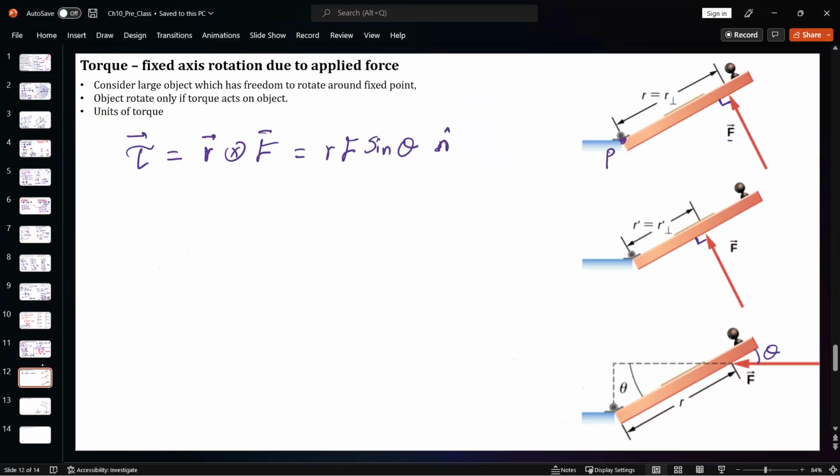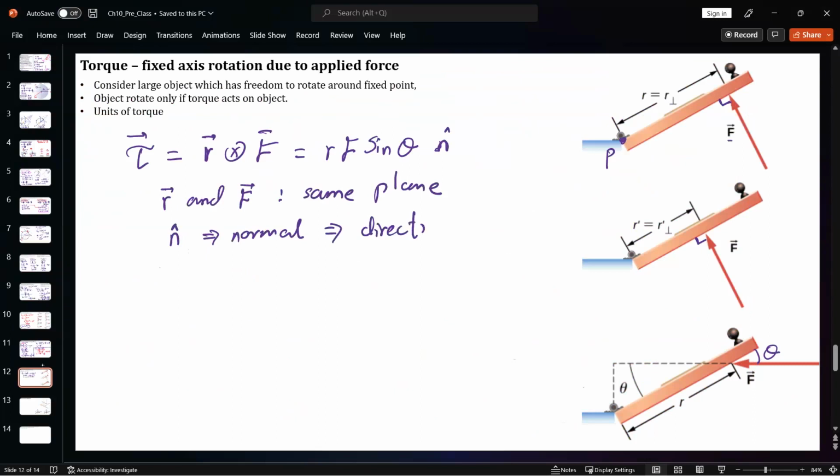These R and F vectors are usually on the same plane, where those two are interacting with each other. The unit vector n we call the normal unit vector. What does the normal unit vector mean? The direction of the torque.